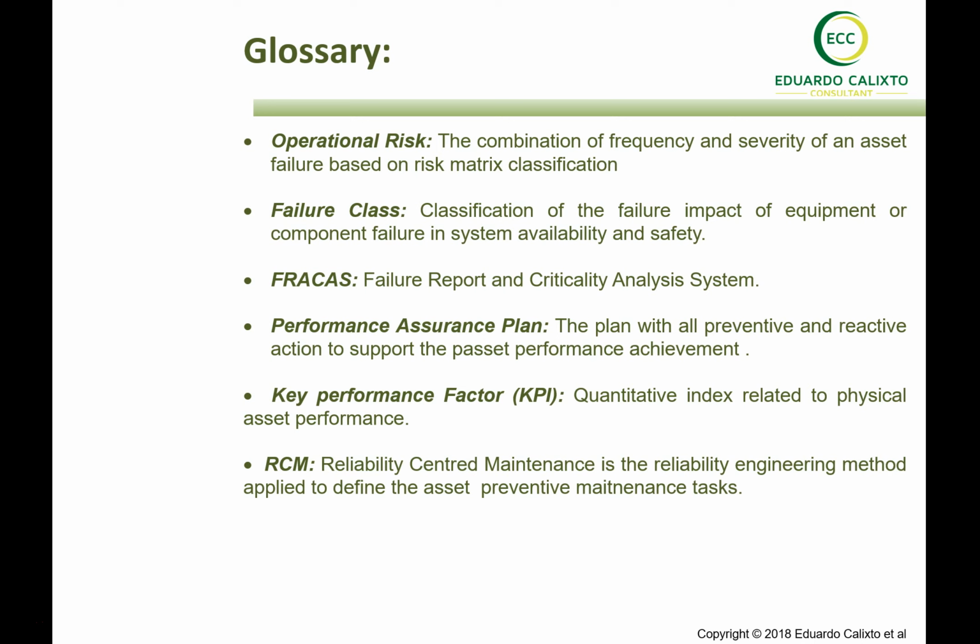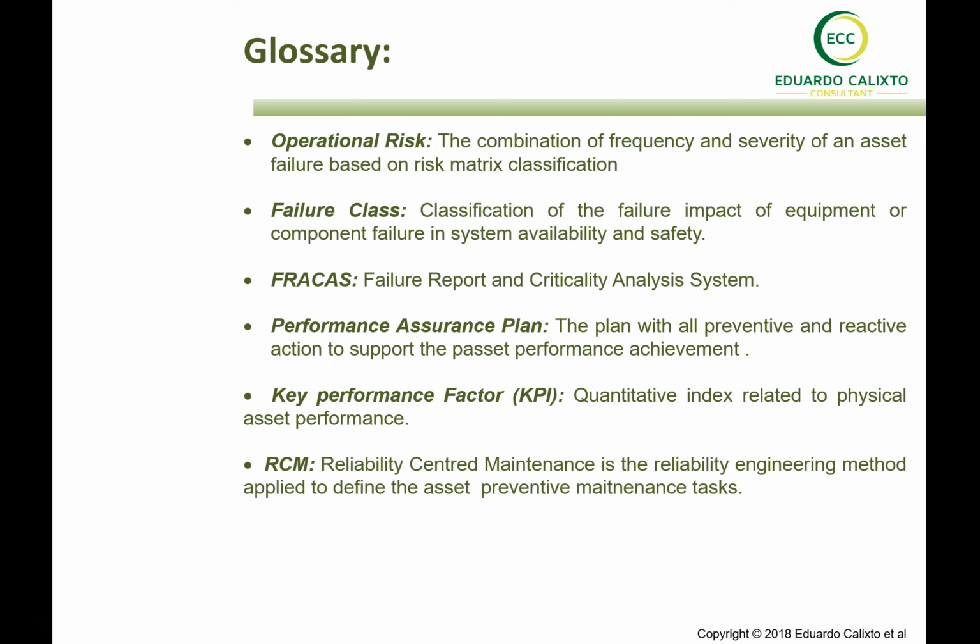Similar to what we saw during the RCM, during the FMEA model, in the first day, we have a risk matrix classification for each issue concerning corrective maintenance or preventive maintenance that we have as part of our asset management. That's very important to create a list of actions as well as prioritization of all the actions that need to be implemented.